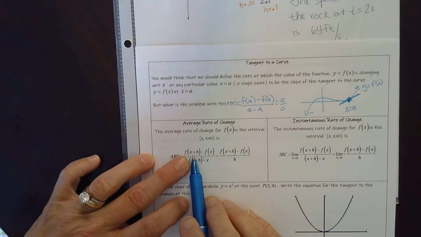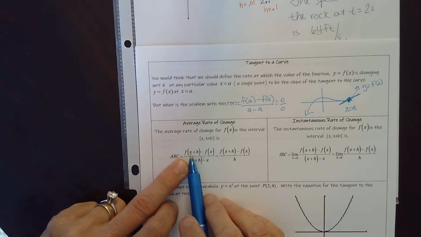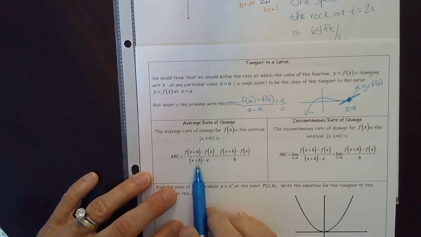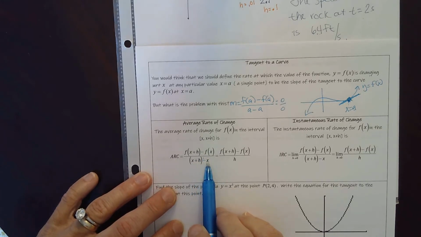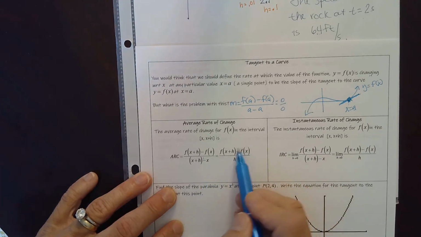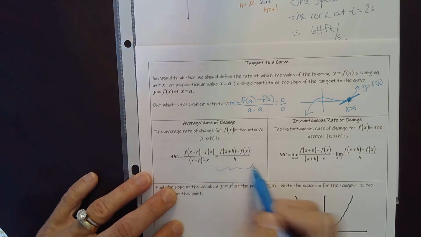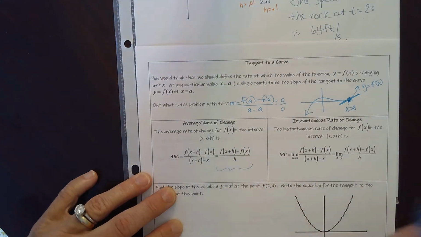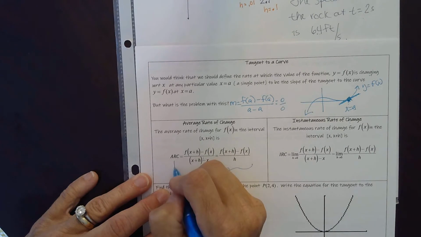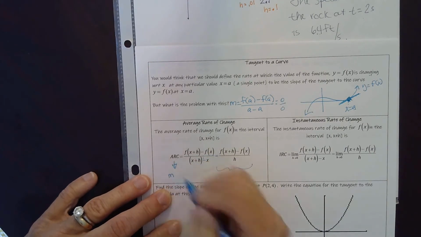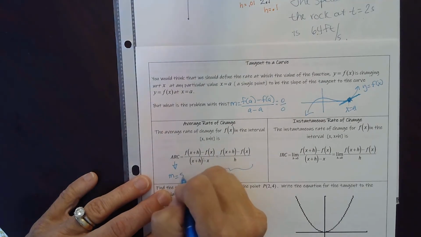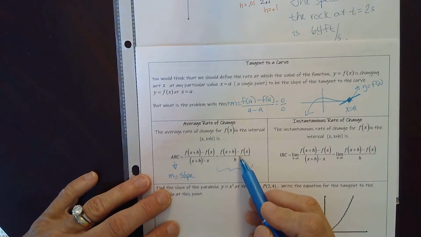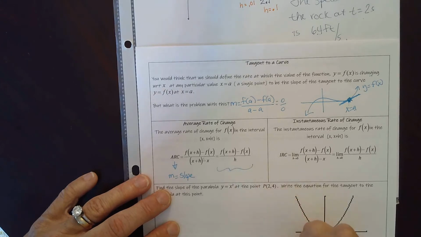We would evaluate the function at the greater of the two x's, which would be x plus h, subtract f of x, and divide that by x plus h minus x, and that would all clean up to be f of x plus h minus f of x over h. So average rate of change can also represent m, which is slope, and it would be calculated as f of x plus h minus f of x over h.